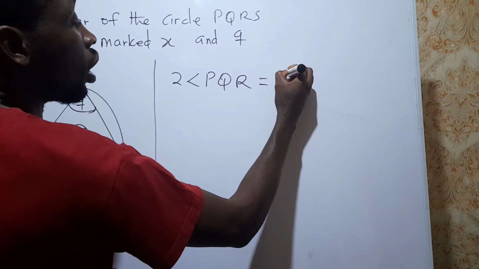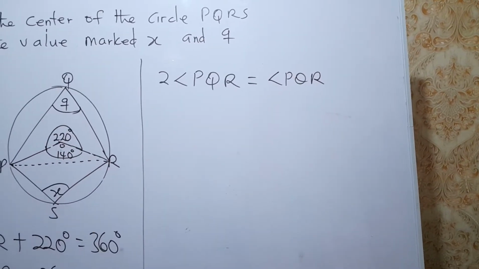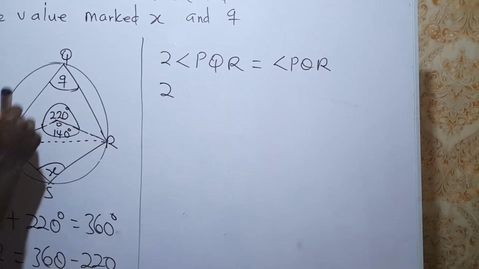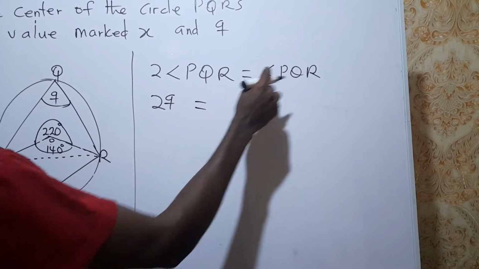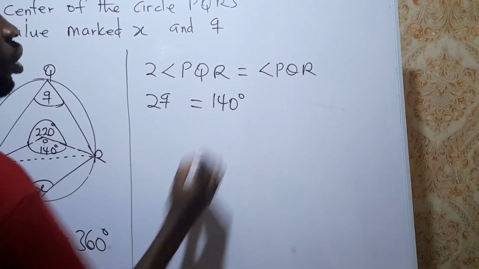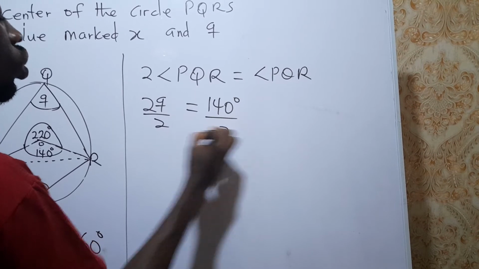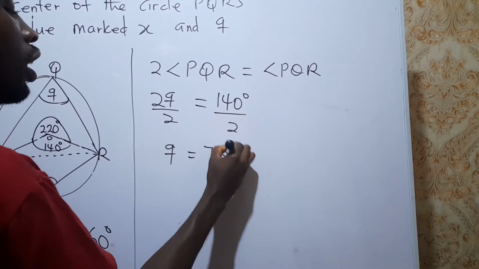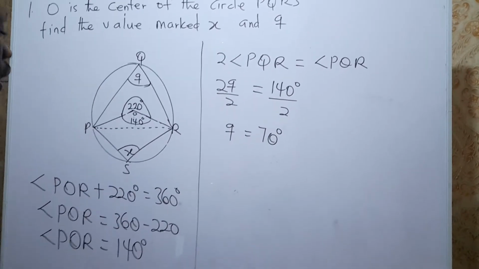So what's our angle PQR? Angle PQR is Q. So 2Q will be equal to angle POR, which is 140 degrees. Now we can find Q by dividing both sides by 2. So our Q will be equal to 140 divided by 2, which is 70 degrees. So the angle marked Q here will be 70 degrees.